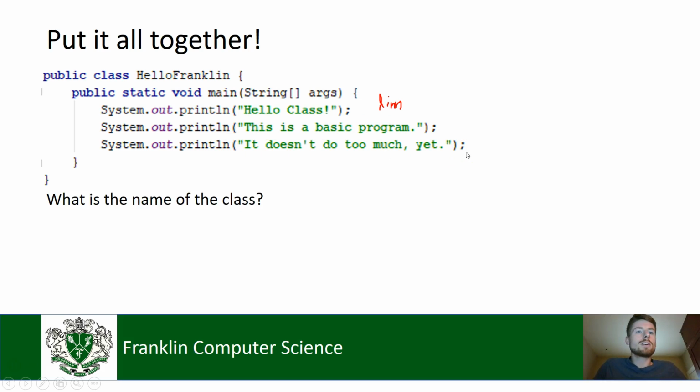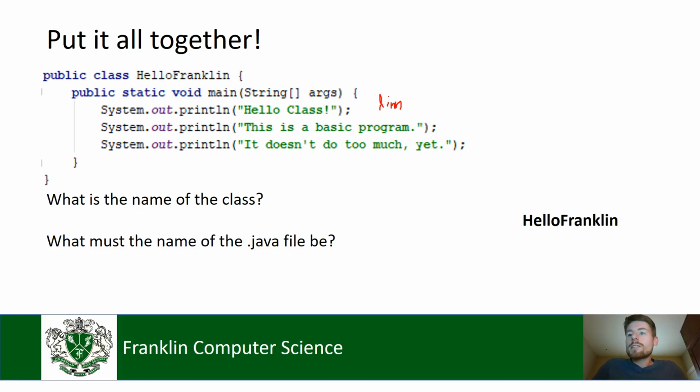So let's go ahead and answer a couple of these questions. First and foremost, what is the name of the class? You can pause it for a second or just think about it. The answer to this question is HelloFranklin, right? Up here at the top, HelloFranklin, capital H, capital F, that's the name of our class, and it's camel-cased.